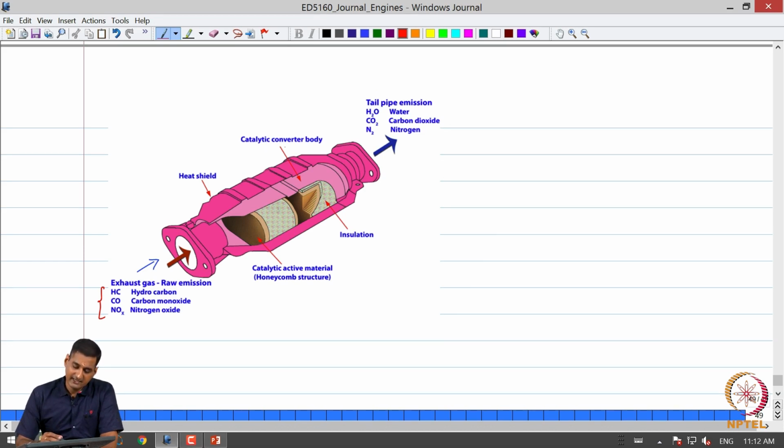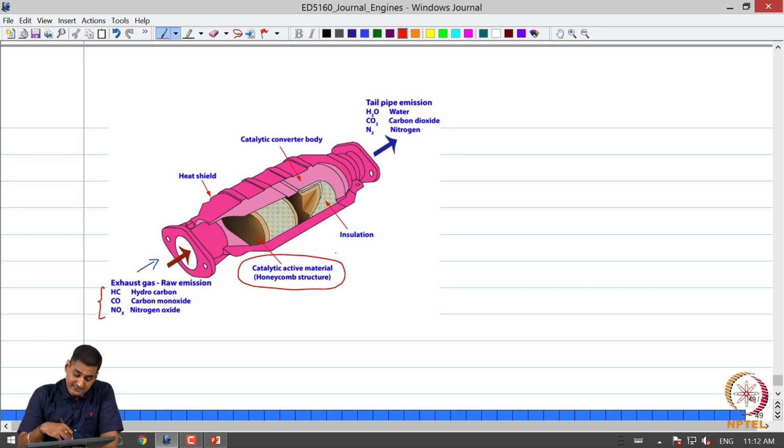This catalytic converter has a stainless steel body, which is insulated by a heat shield, and we can see that the active material in the catalytic converter has a honeycomb structure. So, there are passages through which the exhaust gases go, and the catalysts are essentially embedded in these structures.